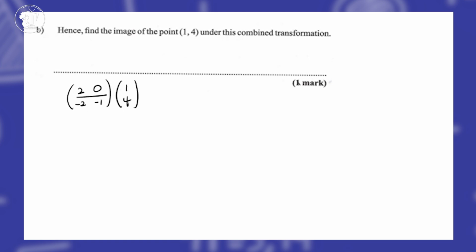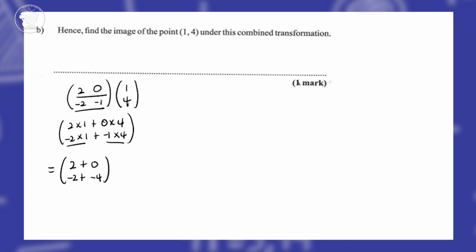We do row by column. So this here would simply be 2 multiplied by 1 plus 0 multiplied by 4, and then -2 multiplied by 1 plus -1 multiplied by 4. Hence this gives us 2 times 1 is 2 plus 0 times 4 would be 0, and -2 times 1 would be -2 plus -1 times 4 would be -4.